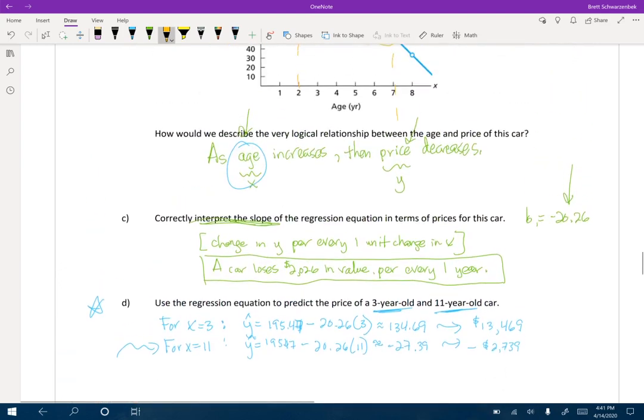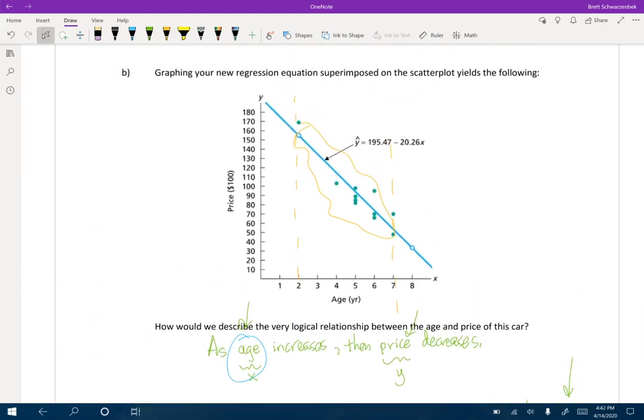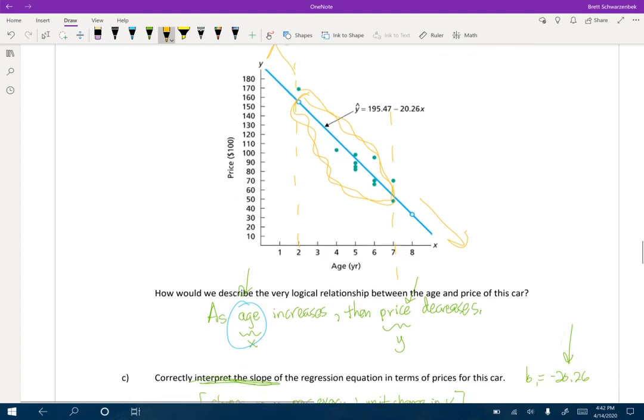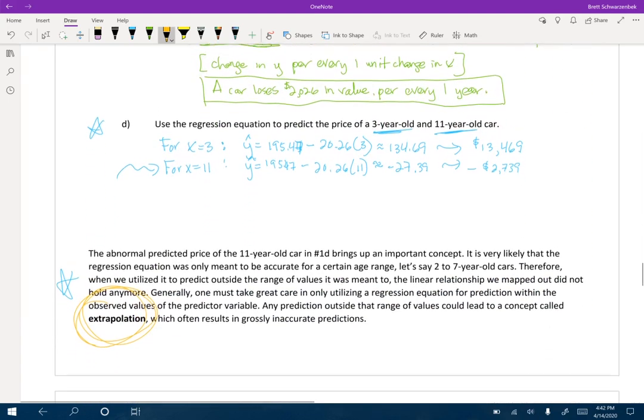So what it's saying is this was only meant to predict here. If you start predicting values outside of those ranges, you are going to end up with answers that are not accurate. Now note, a lot of regression equations come with that information; they state to only use it within a certain range. So it's worth noting that that is the case with a lot of these regression equations.